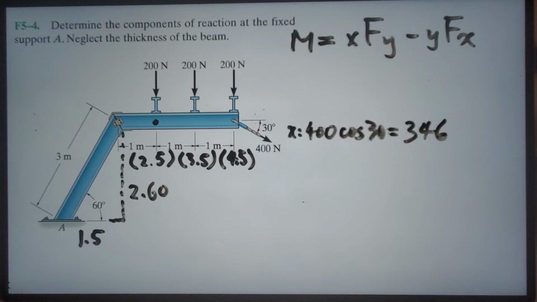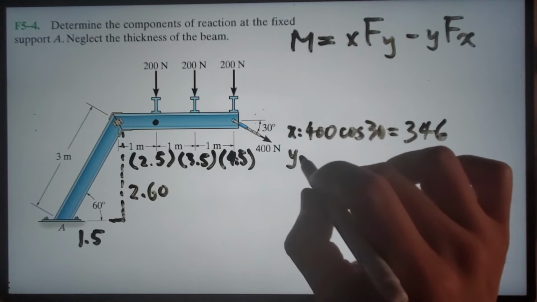As for the y component, maybe some of you already figured it out, it should be half of that, which is 200.